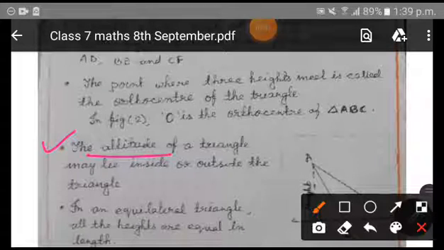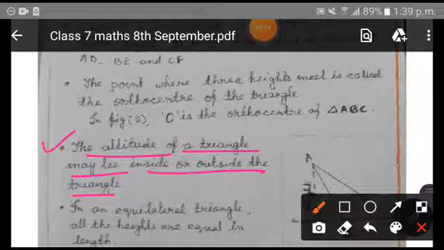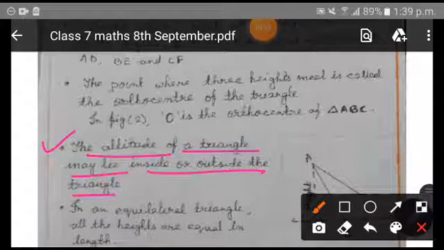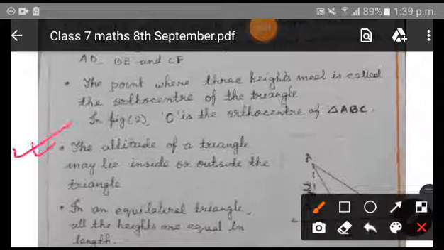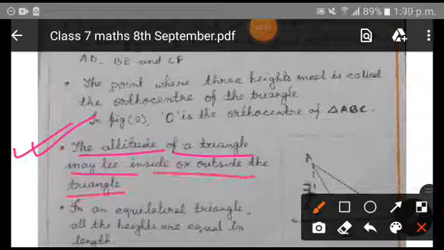Now it is written that the altitude of a triangle may lie inside or outside the triangle. So it is not necessary that the altitude of the triangle will lie inside the triangle only, it can also lie outside the triangle.